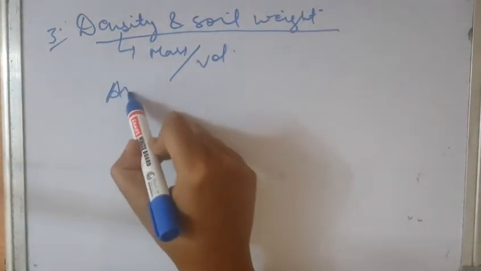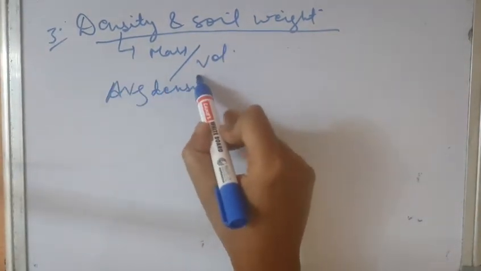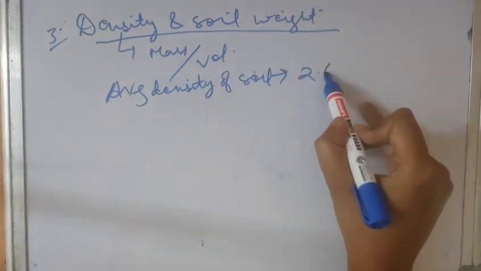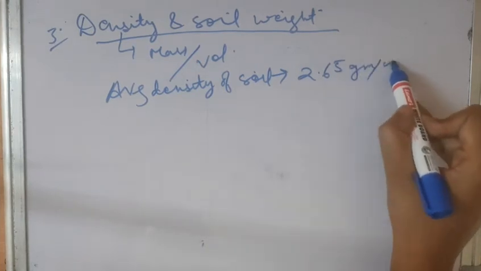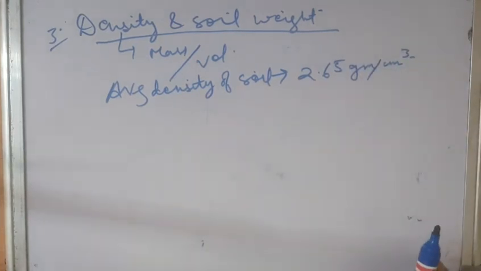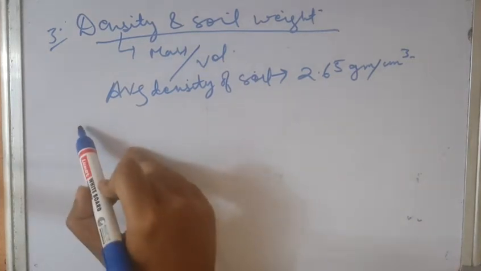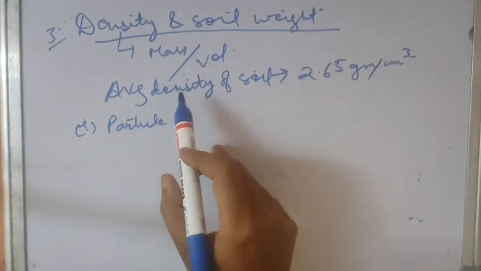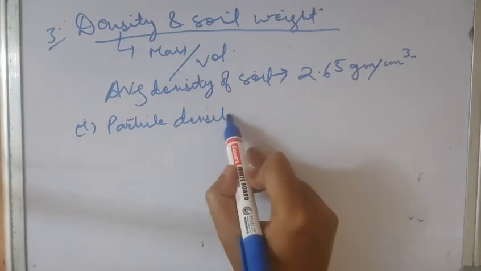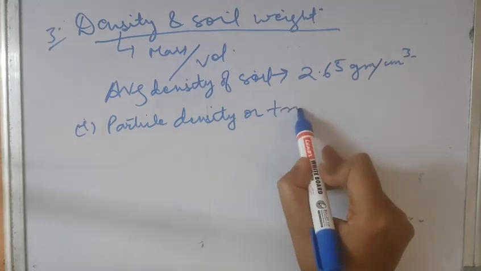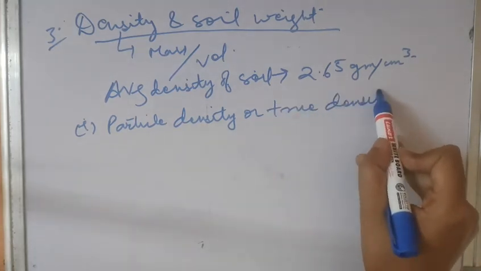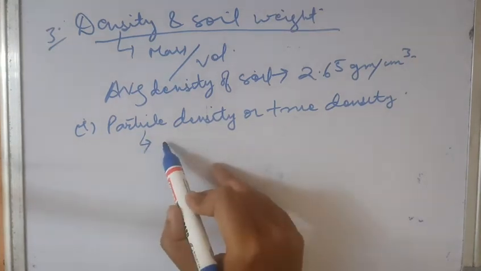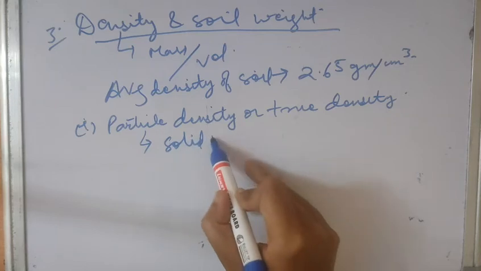So the average density of soil is 2.65 gram per cubic centimeter. We have particle density or true density. Particle density is what? Density of solid portion in soil.